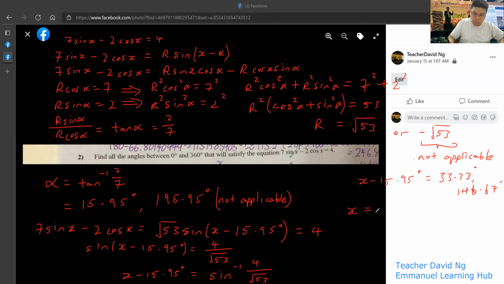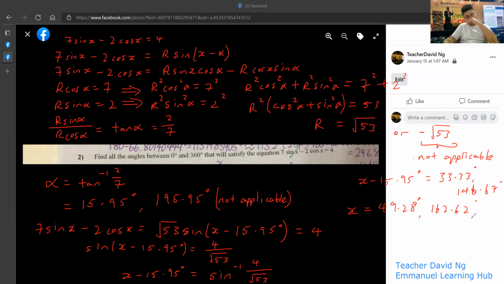So your x will then be 33.33 plus 15.95. That'll give you 49.28 degrees, or 146.67 plus 15.95. You have 162.62 degrees.